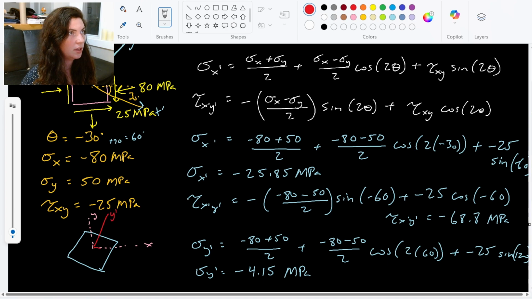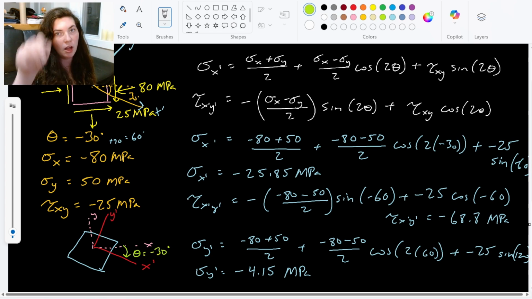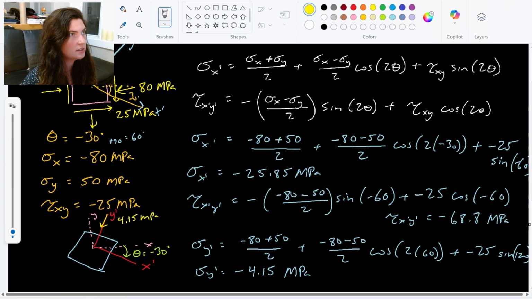Y prime, x prime, where this angle that we've gone through, now we've gone down by our angle theta, that was negative 30. We moved clockwise, we moved down by 30 degrees. And our new elements on here are going to be our y is negative 4.15. That looks like this, going inwards, 4.15 megapascals.